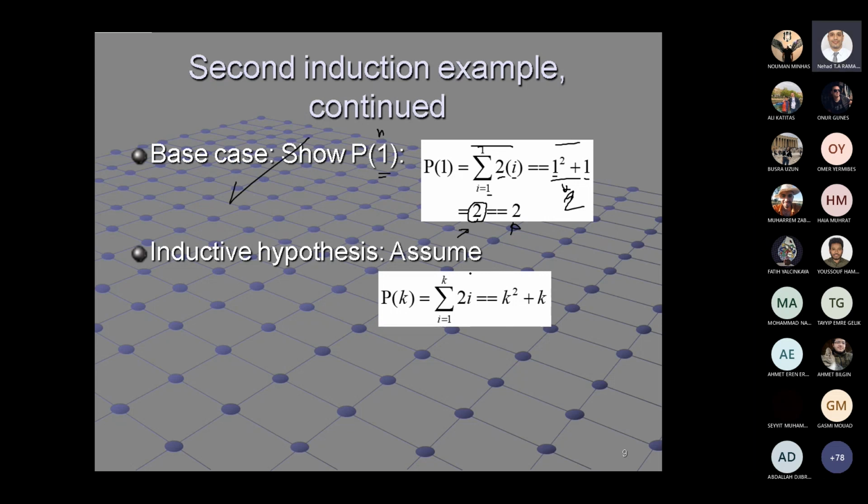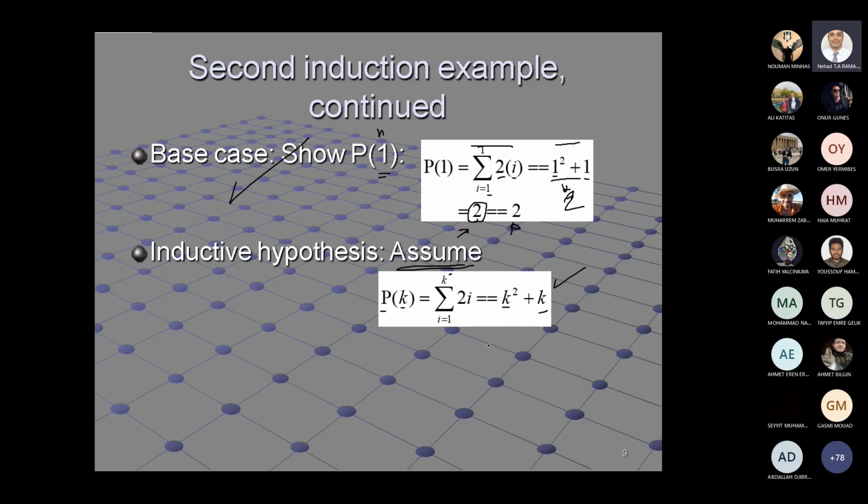Now, inductive hypothesis: we assume that it's correct for Pk. So instead of n, we take k. We assume that the summation from i equal 1 to k of 2i equals k to the power 2 plus k.